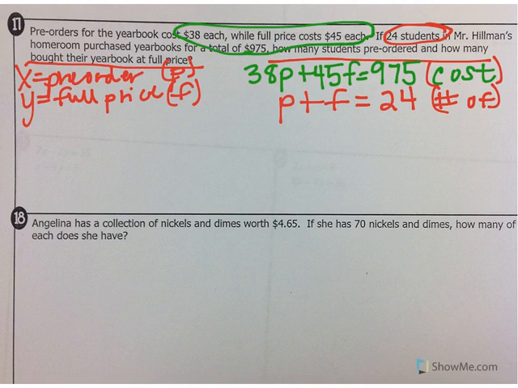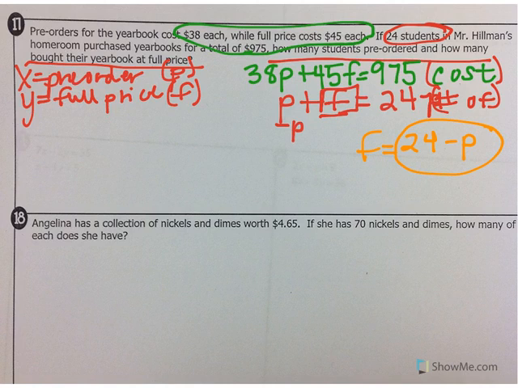Okay, so when you solve this, you are going to get F by itself instead of using elimination. So we're going to subtract the P. So now you have F equals 24 minus P. And we're going to plug all of that into the other equation. That's how we do substitution.